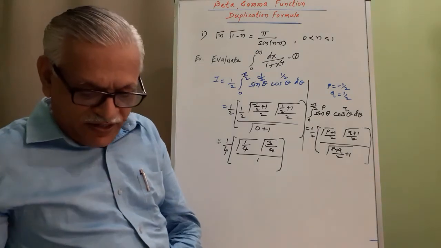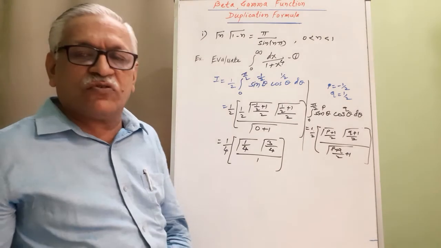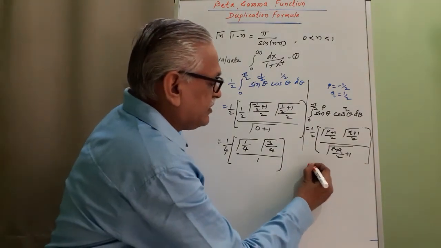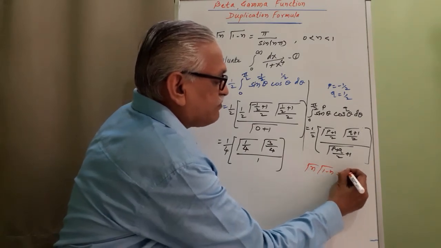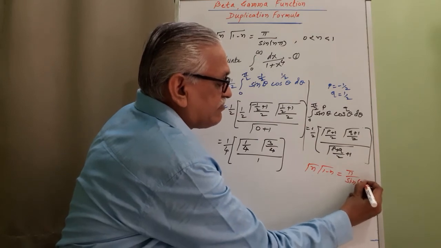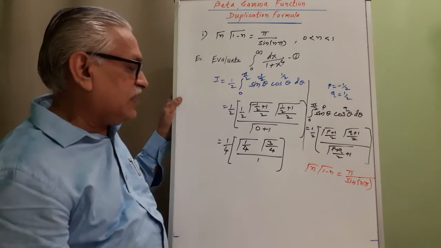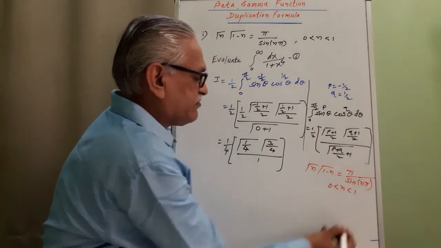And then to find the value of this product gamma 1 by 4 times gamma 3 by 4 using the duplication formula, we know that gamma n times gamma 1 minus n is pi upon sin n pi, with the condition that n is between 0 and 1.